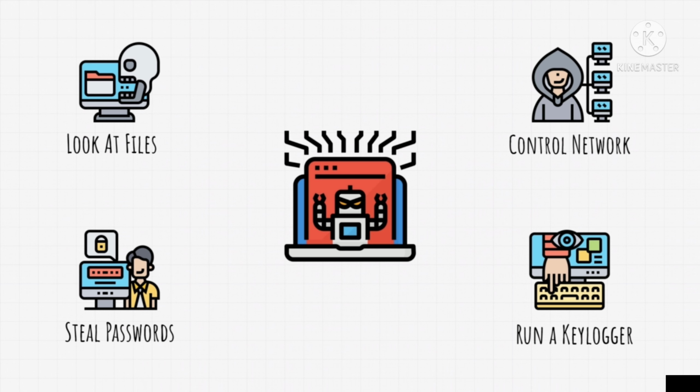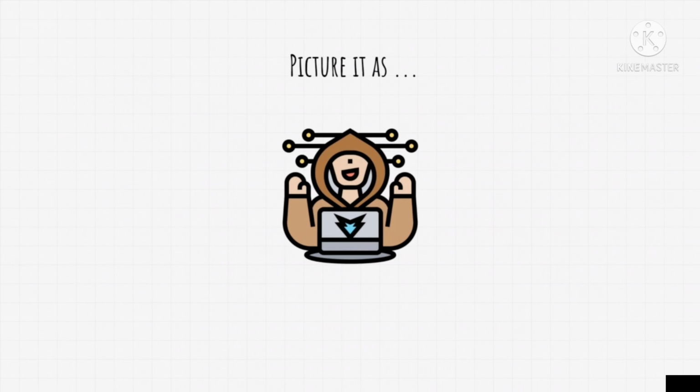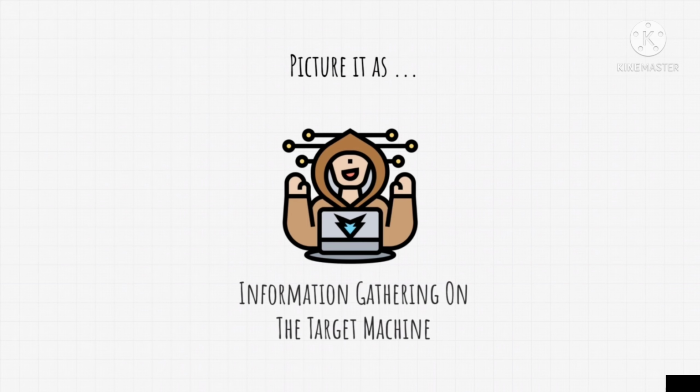From what they searched on the internet to maybe the messages that they're sending on social media from that machine, or basically anything that they type on the keyboard, we will be able to see it. Amazing, right? You can picture post-exploitation as some type of information gathering on the target system.